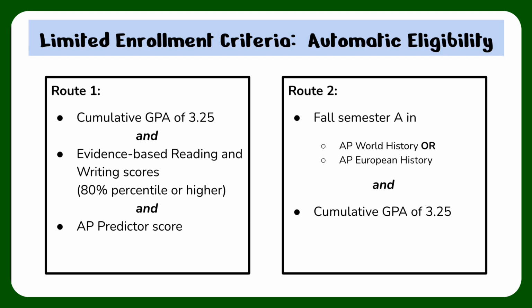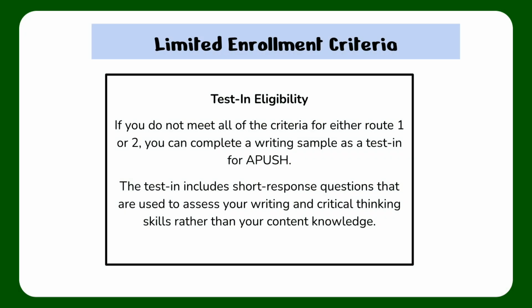Or if you're already a student in AP World History or AP European History, and you get an A in that class for the fall semester, and you have a cumulative GPA of 3.25, great. You're in.